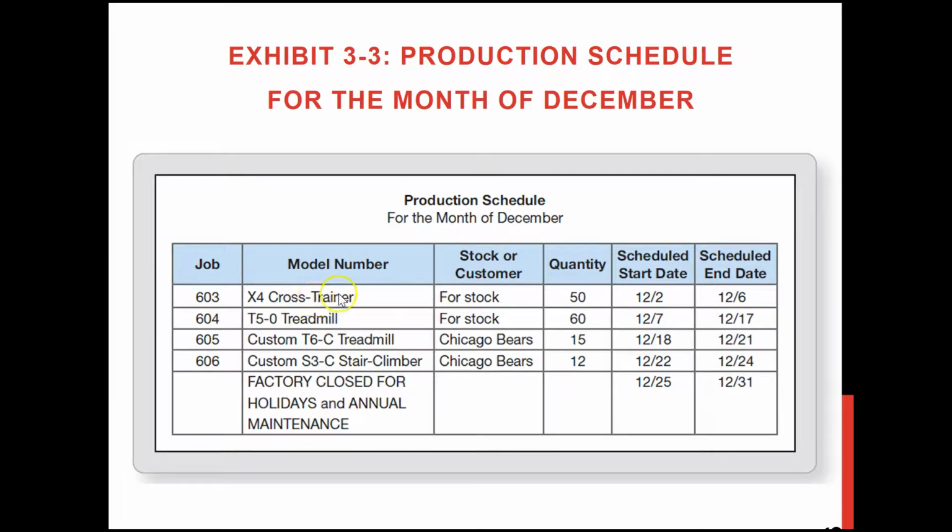And when they produce, you will see that it's not very vast or mass production. For example, one of their products is called X4 cross trainer, and they're going to produce only 50 units, and they define this batch of production work as a specific job, and they define it as job 603.